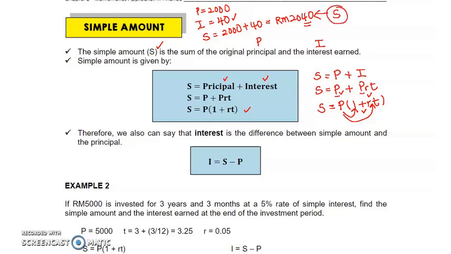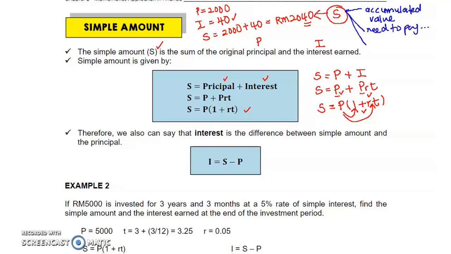Okay, I give you a few keywords for value S. How to identify value S? Accumulated value. Amount that you need to pay back.